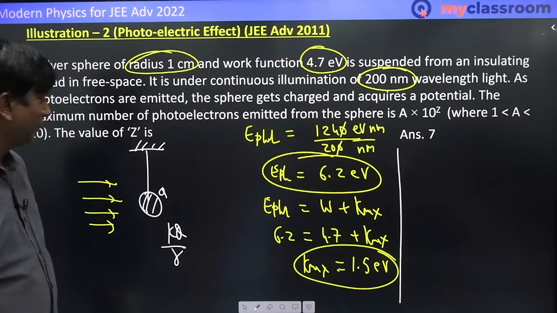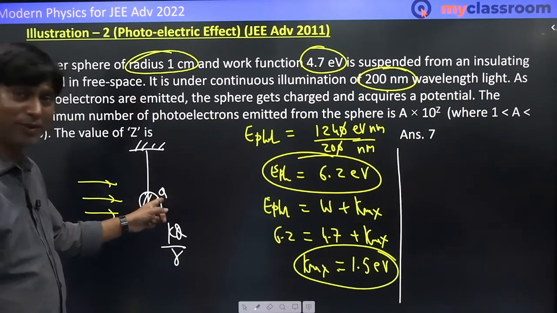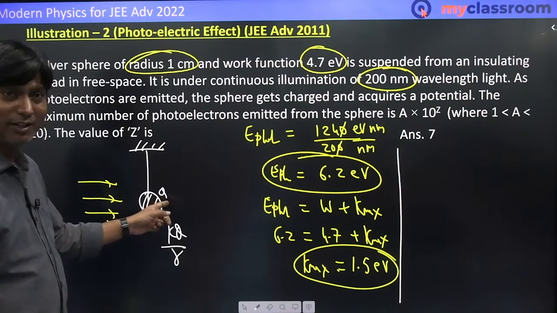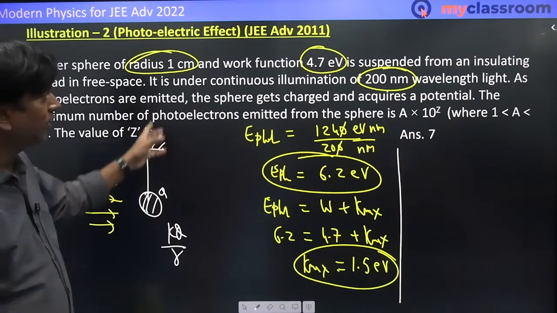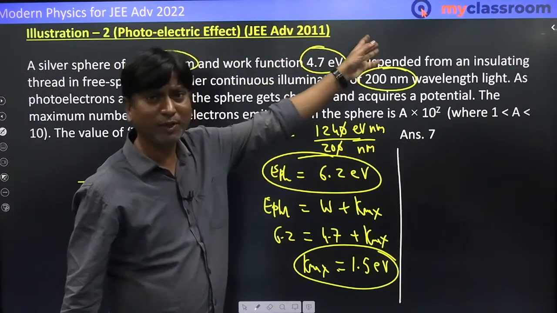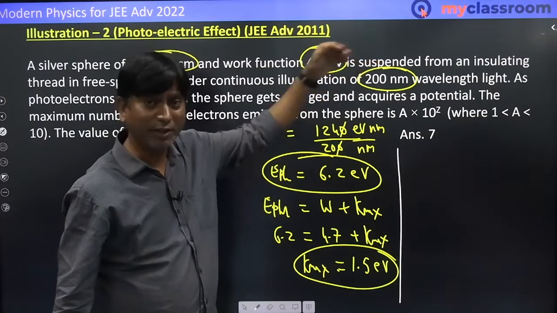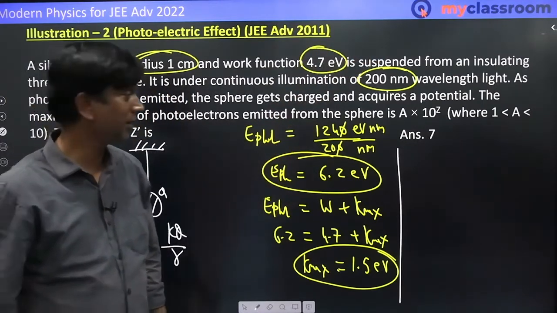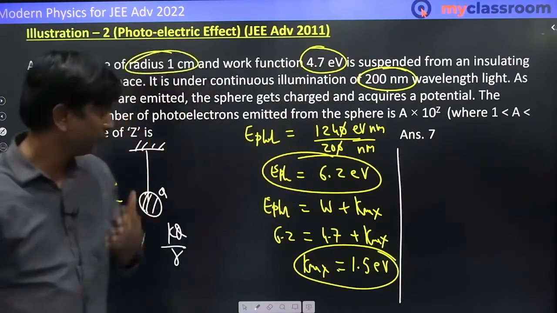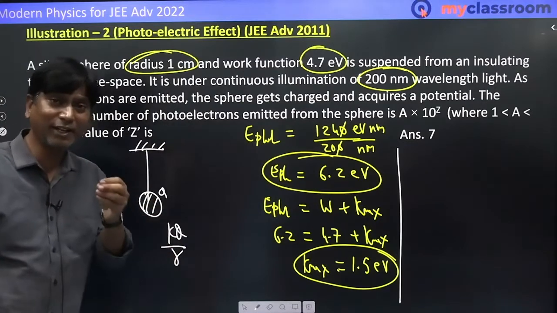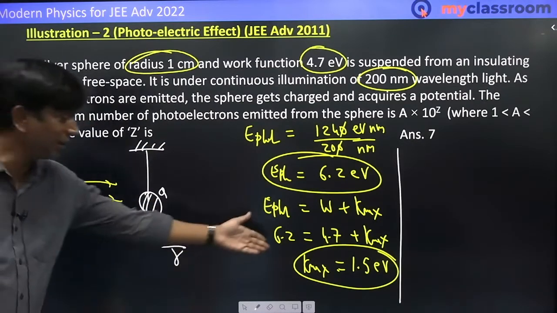When the electron is just ejected from here, it should at the most go to infinity. But it is unable to go to infinity. So what will you do? Is this potential not acting like a stopping potential for these electrons?